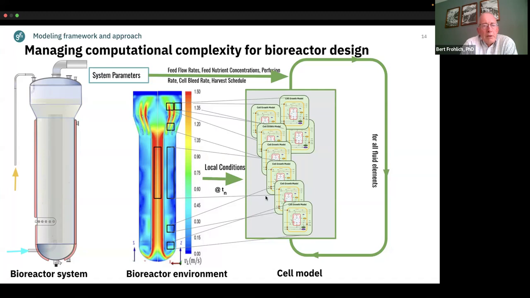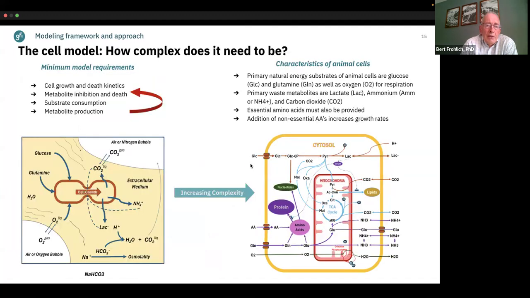And so we want a model that is fairly simple, that we can use, and that is still predictive. So the big question is, how complex does it need to be? On the left here is a picture of probably what is minimally required. We know from the characteristics of animal cells that we've listed over to the right that they use glucose and glutamine as their primary substrates, and they use oxygen for aerobic respiration.